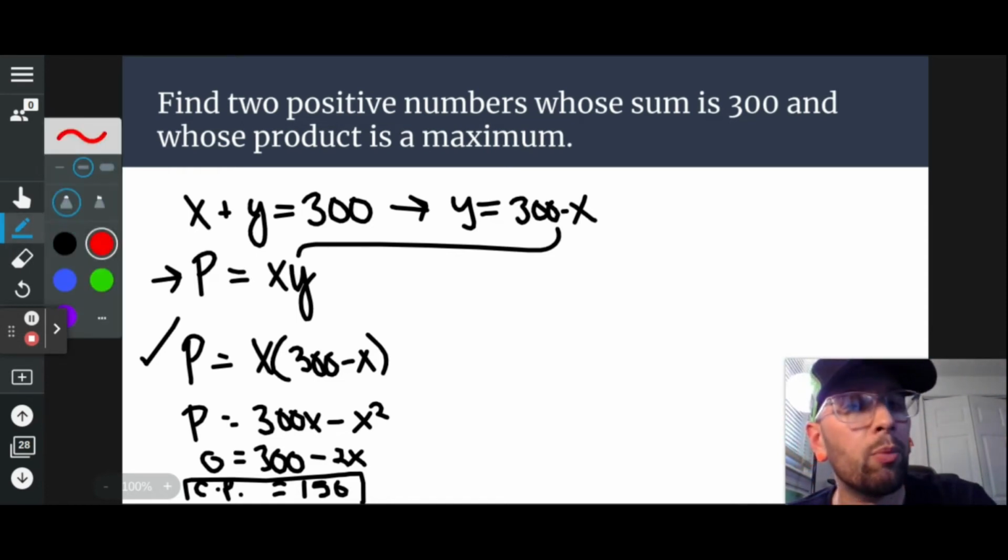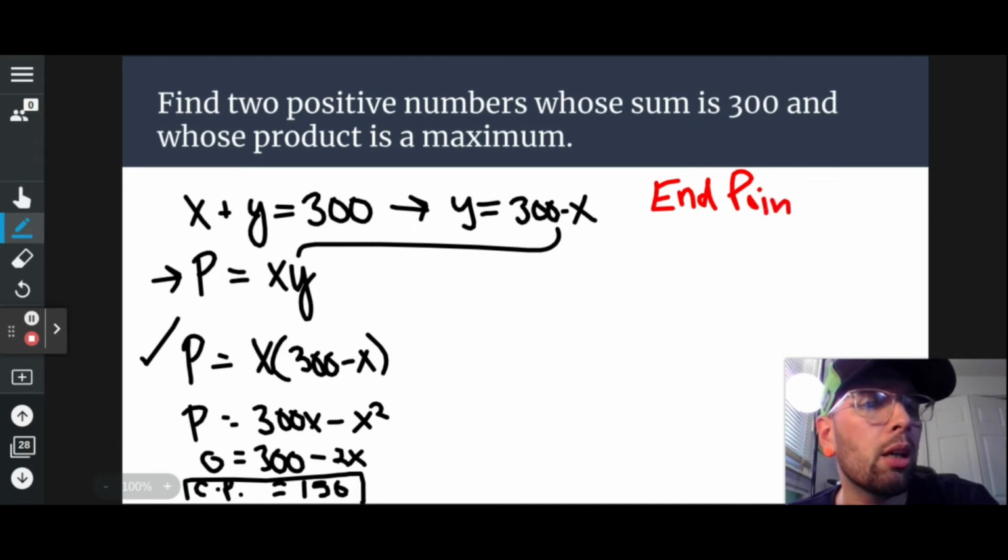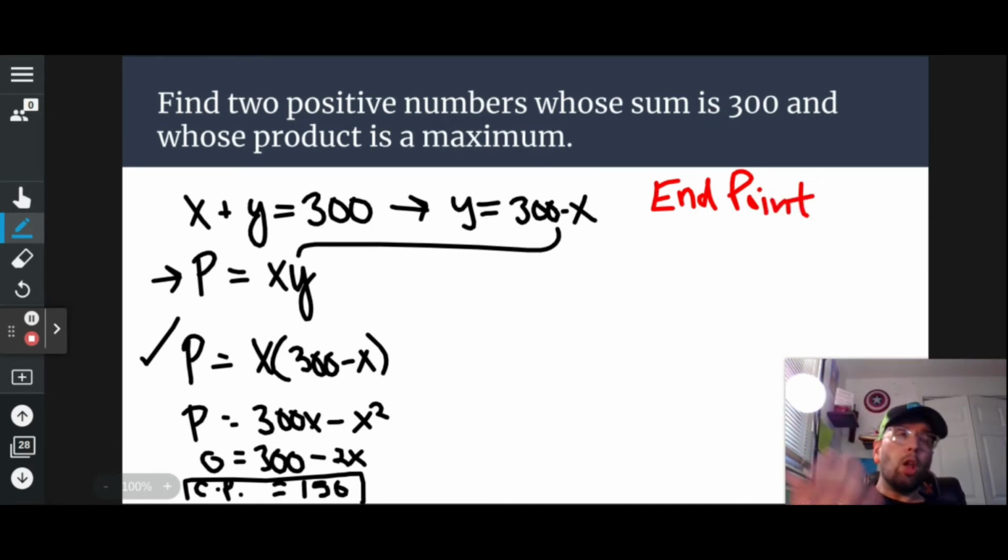Every now and then, the endpoint could also possibly be our answer. So the largest possible number that I can use for this is 299.9999999. So one endpoint is 300.